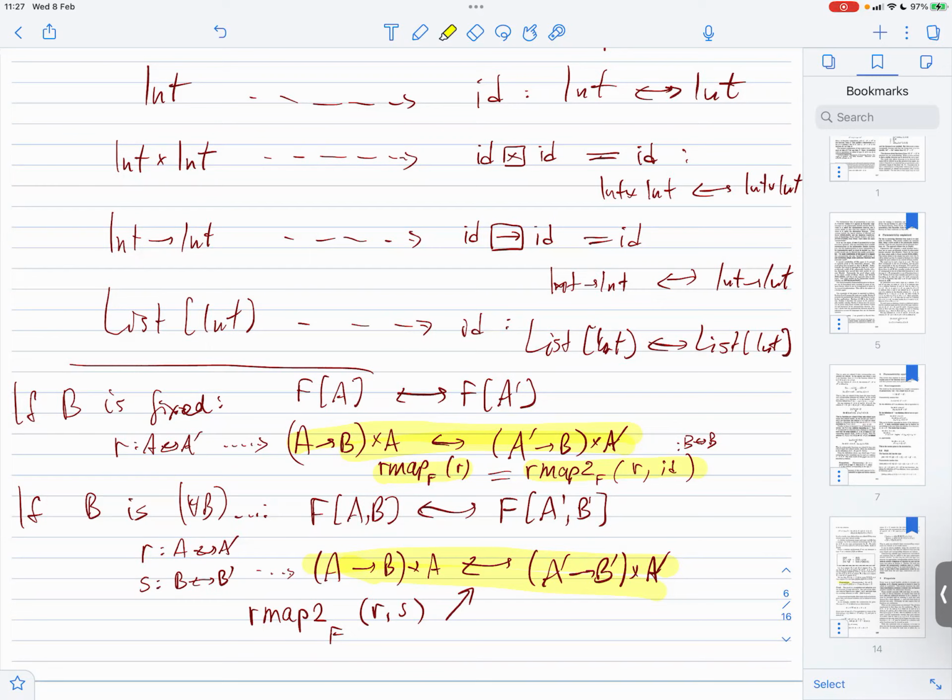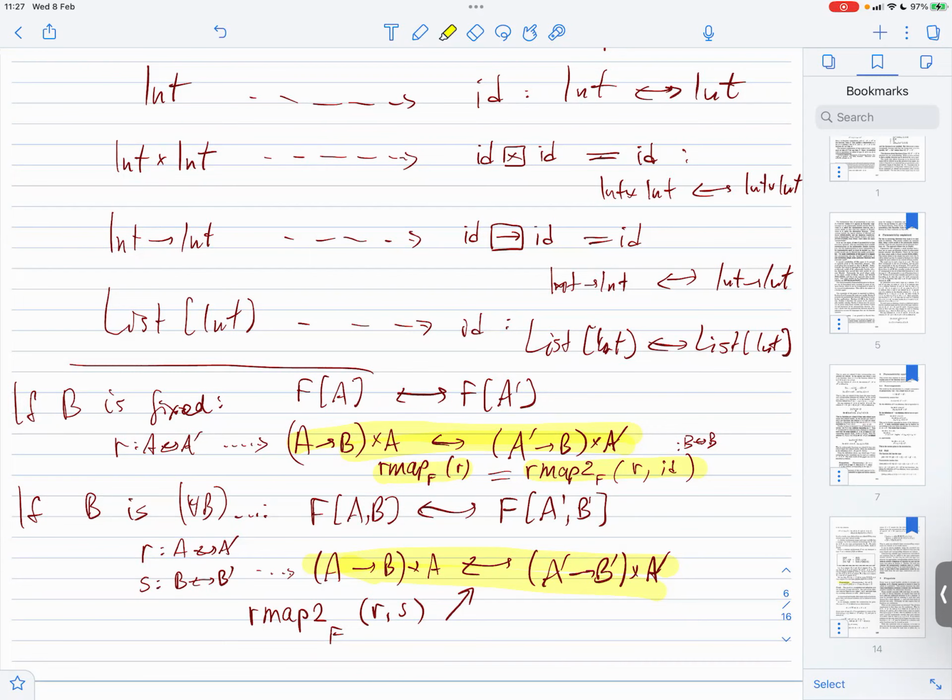So you can prove that. It's not difficult, but this is a detail that you have to go through. So there is a difference between lifting just one relation with respect to just one type parameter and lifting two relations with respect to two type parameters.